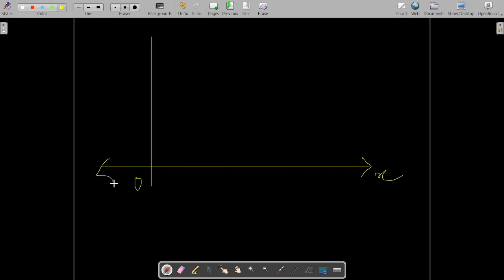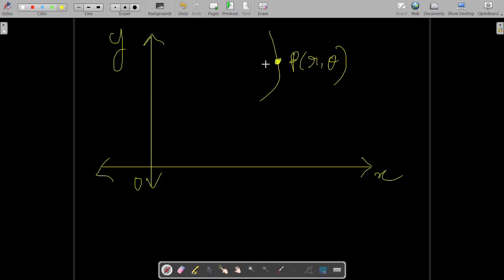Suppose your figure looks something like this. This is your O, this is your X, and this is your Y in Cartesian coordinates, and this is the path described by the object. P (r, theta) is the polar coordinates of the point on this trajectory.